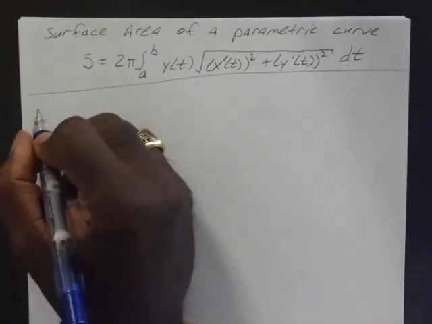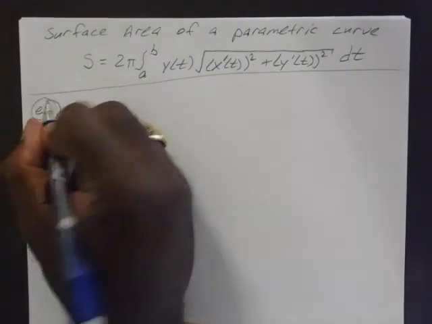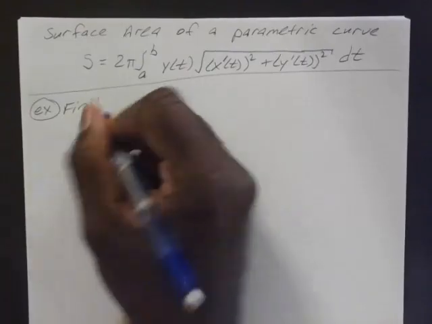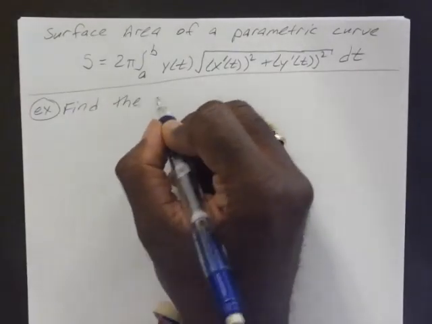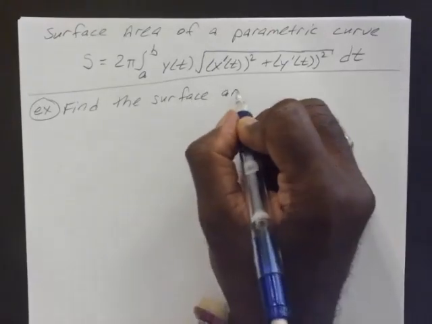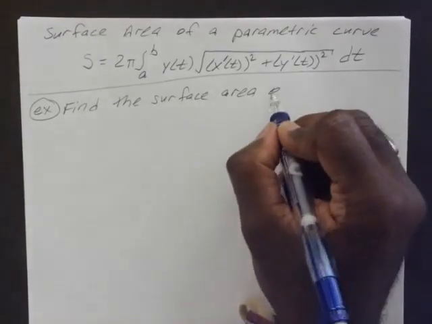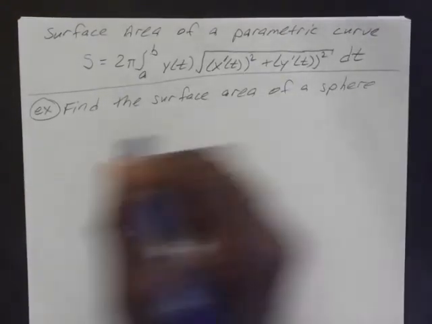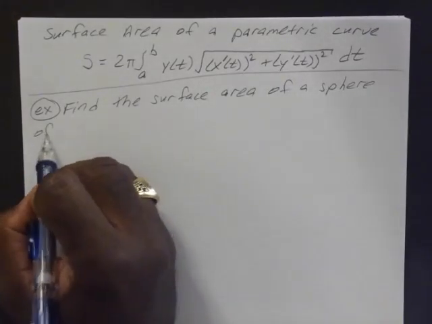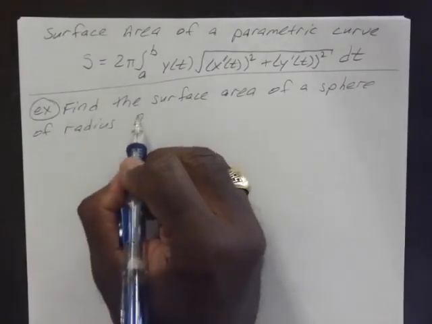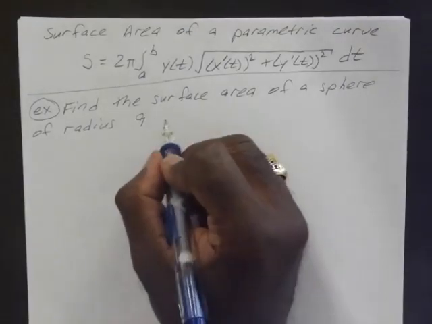Okay, so let's say, for example, if we wanted to find the surface area of a sphere of radius 9, centered at the origin.